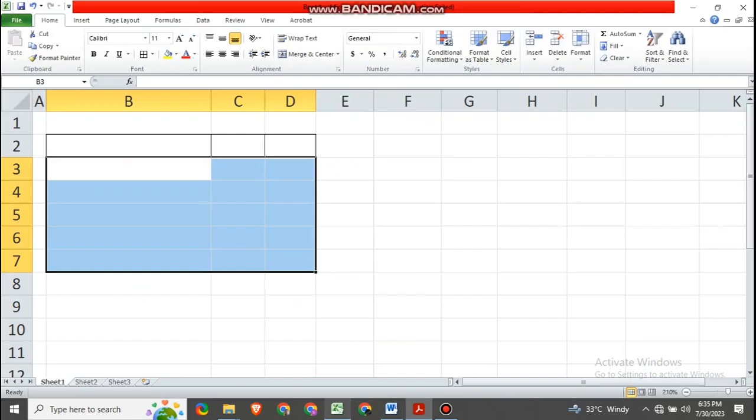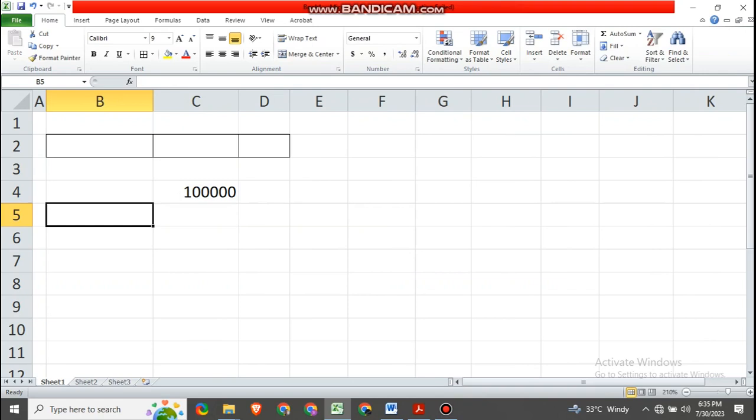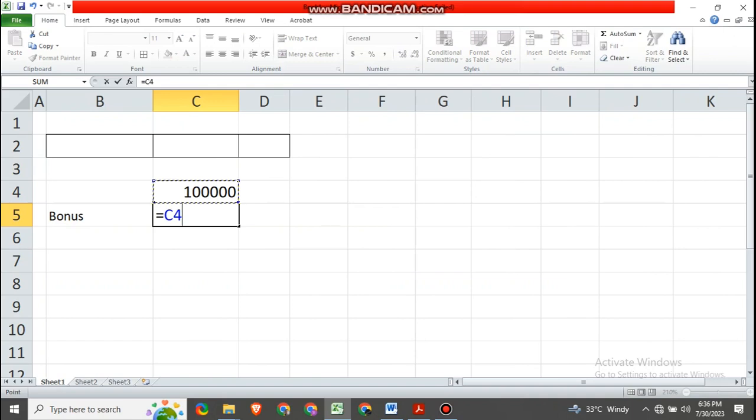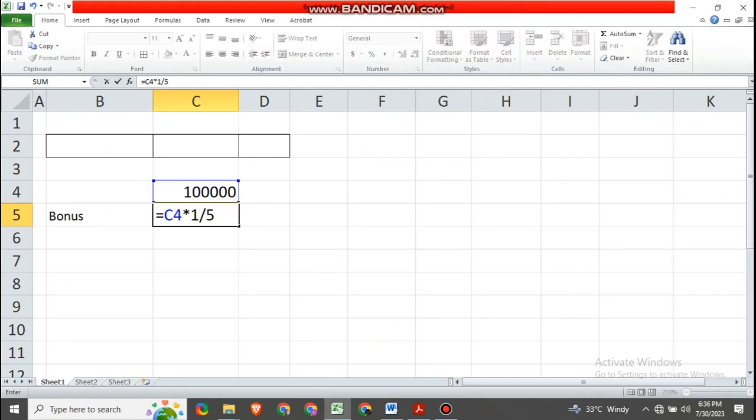Let's do the calculations here. 100,000 ordinary shares, and the bonus is 1 for every 5 already held, so divided by 5, we are giving 20,000 bonus shares. The total shares that we have is now 120,000.